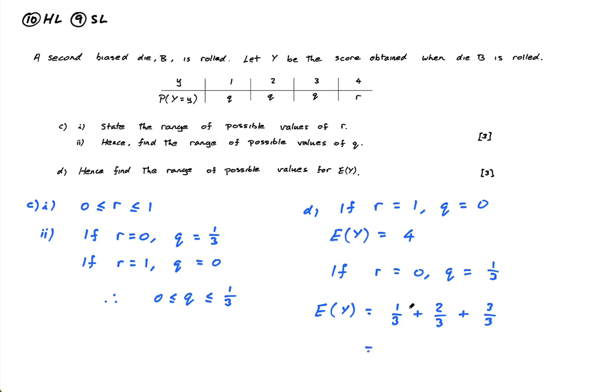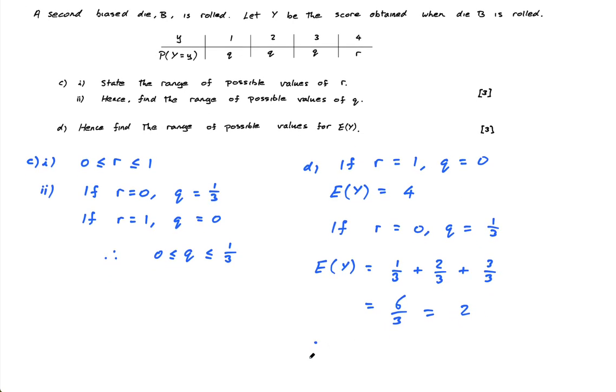And this all equals 1 plus 2 plus 3 is 6, which is 6/3, which is equal to 2. Therefore, the expected value of Y has to be bigger or equal to 2. This is the smallest it could possibly be, and the biggest it could possibly be is 4, which kind of makes sense because 4 is the biggest number there.